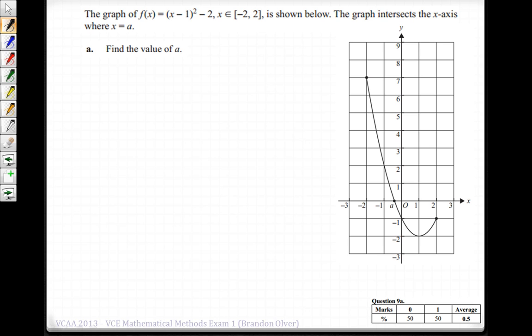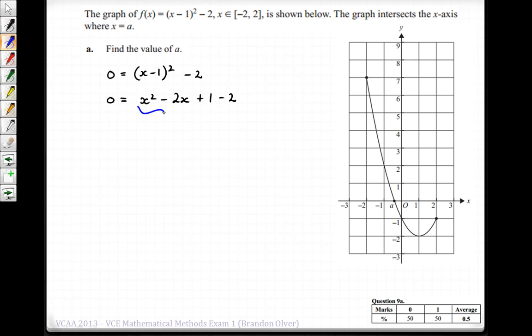So all we need to do is substitute in, or I should say f of x equals 0. So we have 0 equals (x minus 1) squared minus 2. If we expand this out, we have 0 equals x squared minus 2x plus 1 minus 2.